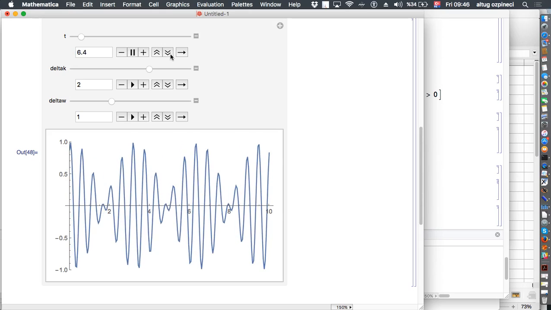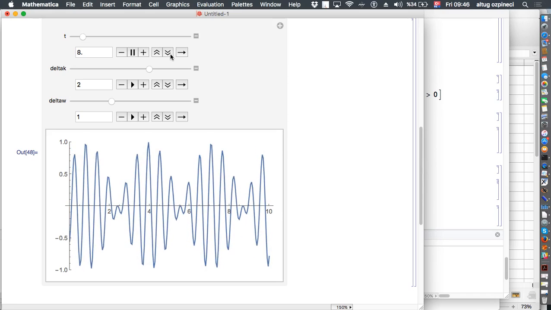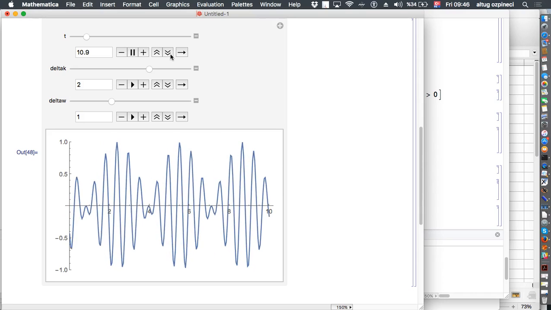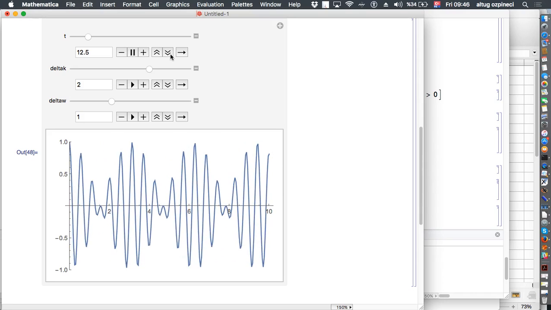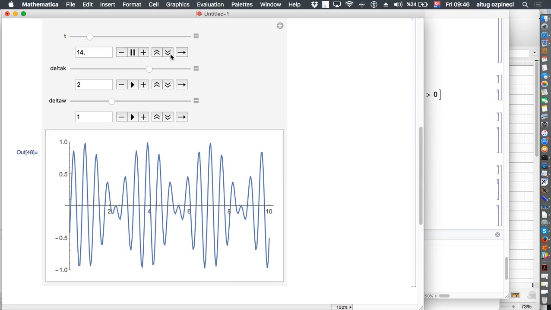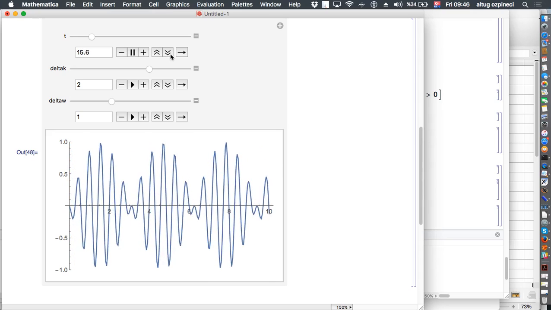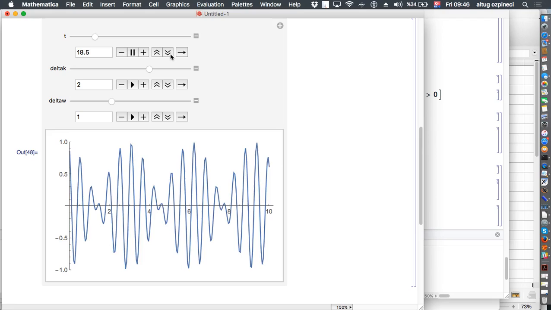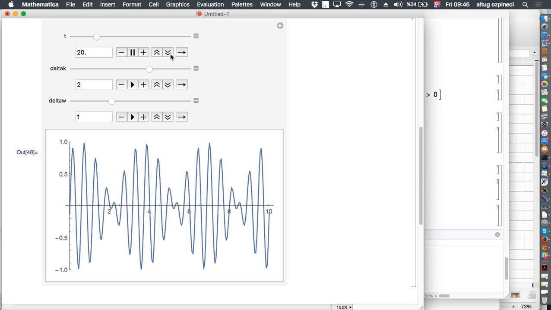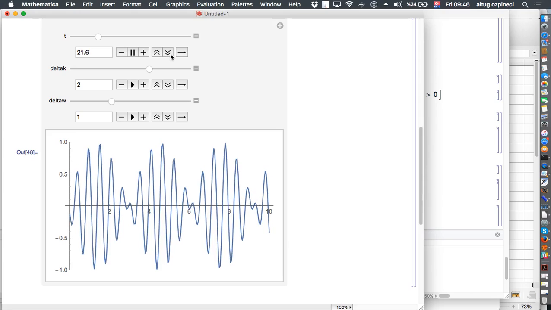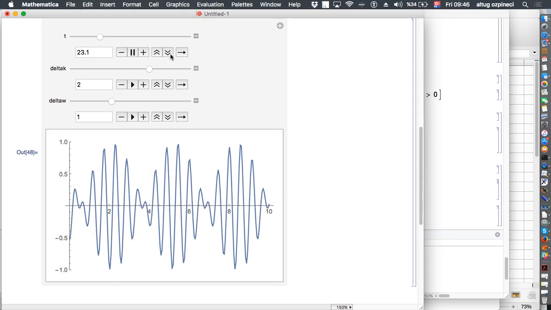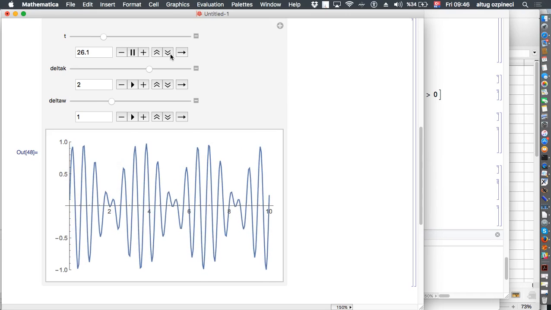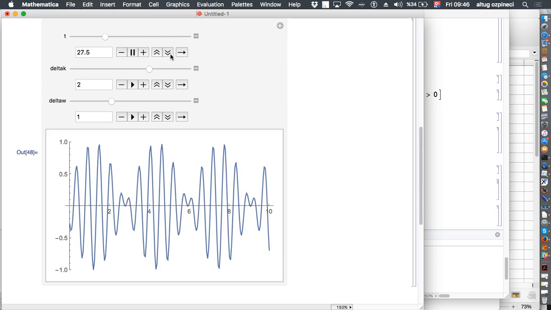So the maximum of the wave and these packages move at different velocities. That's basically the main reason why I'm showing you this graph. On one hand, we have the motion of the maximum of the wave, which we call the wave velocity or the phase velocity. On the other hand, we have the velocity of this package, which we call the group velocity.